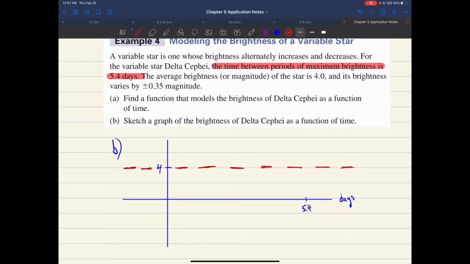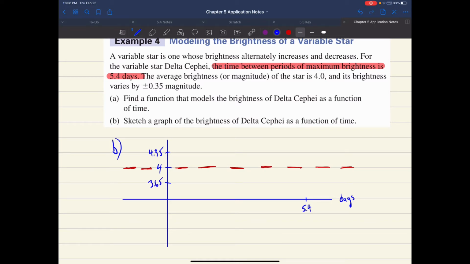Okay, it says its brightness varies by plus or minus 0.35 magnitude. So that means it's going to go above by 0.35. And so I'd have 4.35 on the y scale, and then it'll go below by 0.35. So I would have 3.65 as my low number.